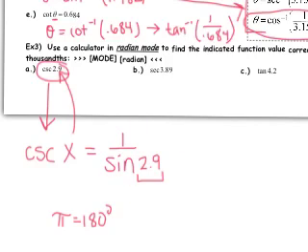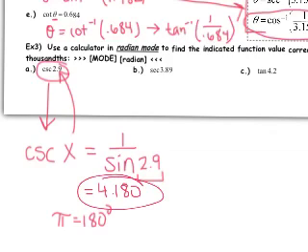So this is what you're going to type in the calculator. Make sure you go to the mode and change it to radians before you do that, because now we're in radians. So 1 divided by sine 2.9 is 4.180. Okay, so secant of 3.89, I don't have a button, so that's going to be 1 over cosine 3.89.